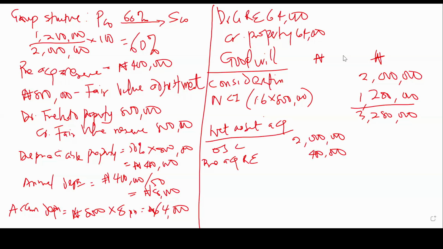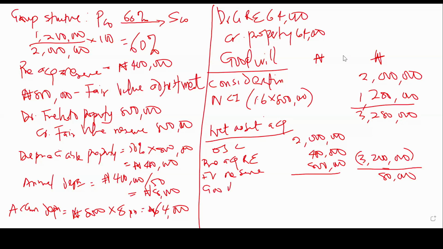And now we have been told that there was fair value reserve. Fair value reserve of how much? 800,000 naira. All right, if I put all of this together, that should amount to 3.2 million. And then I am left with goodwill on consolidation.